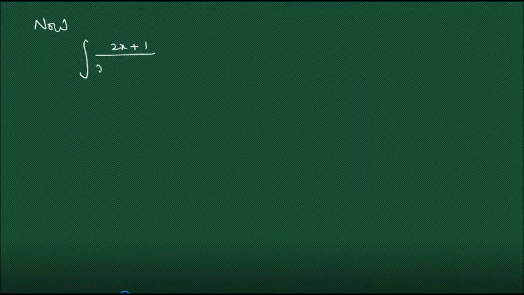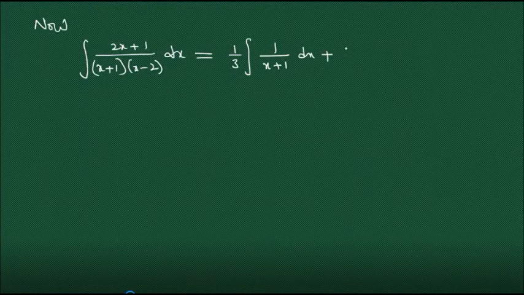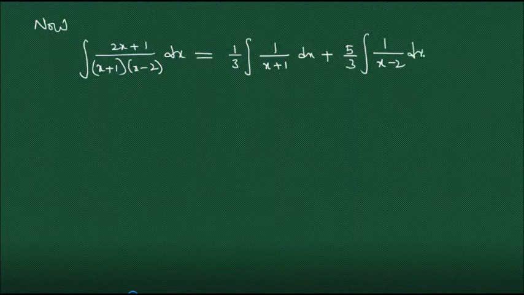Now, integration of (2x + 1) / ((x + 1)(x - 2)) dx can be written as 1/3 outside times the integral of 1/(x + 1) dx plus 5/3 times the integral of 1/(x - 2) dx.